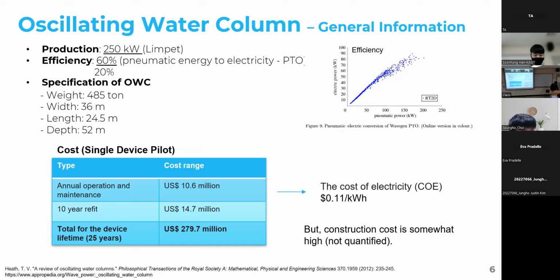And the size information is here, 405.85 tons. The calculated cost of electricity is 0.11 per kilowatt hour. But the construction cost is somewhat high. As far as we know, a quantified construction cost was not found.